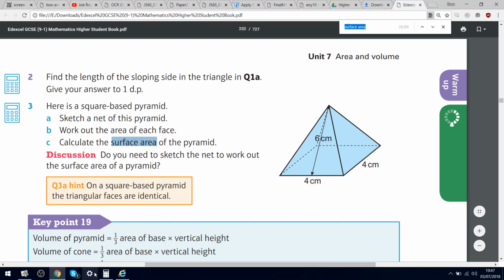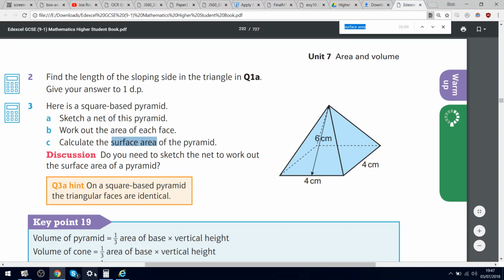Is that the height from the top to the base? Yeah, for the triangle. It's not the perpendicular height, it's the slant height, but that's the height you need to find the area, because that's the surface of a triangle.